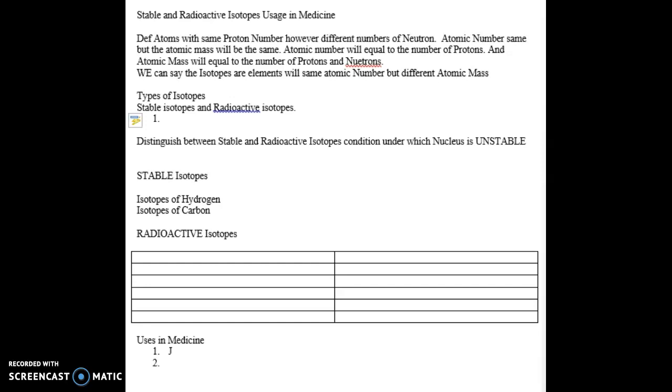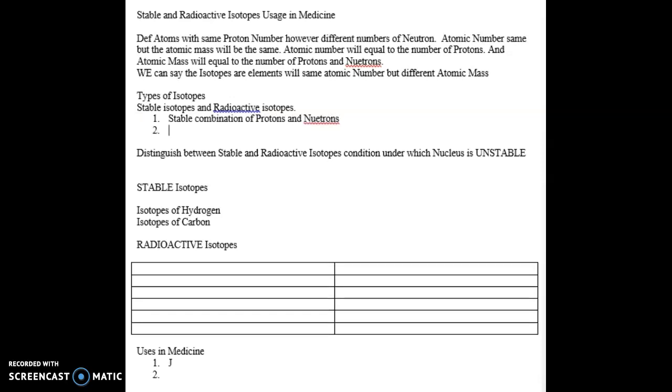The first definition I would give to stable isotopes is that they have the same number of protons, and a stable combination of protons and neutrons, and therefore the nucleus will be stable.